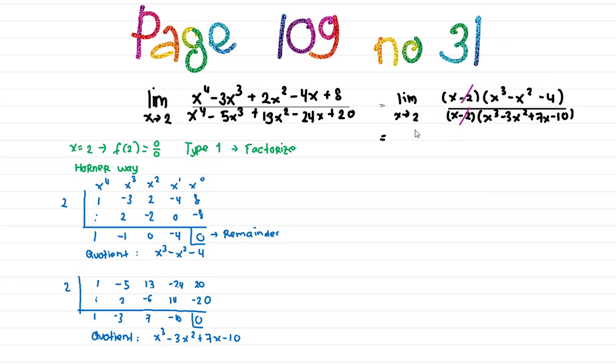Here we have 2 cubed minus 4, and then divided by 8 minus 12 plus 14 minus 10. So if you see here, the result of f(2), when you have it like this, will still be 0 over 0. So if it is like this, it means we still have the factor of x minus 2 inside the function.